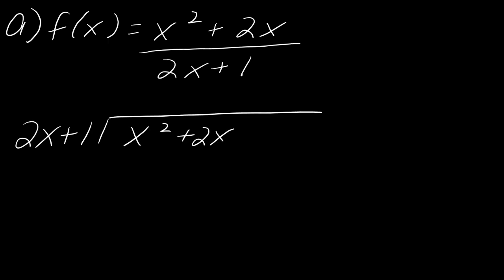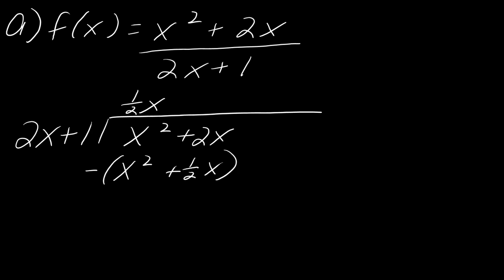Okay, so for polynomial division, it's all about first terms. All you have to think about is what do you multiply 2x by to get to x squared? I multiply 2x by 1/2 x. 1/2 x times 2x will give me x squared. So I multiply this out. This comes out to x squared, and then I take 1/2 x times 1, so that's plus 1/2 x.